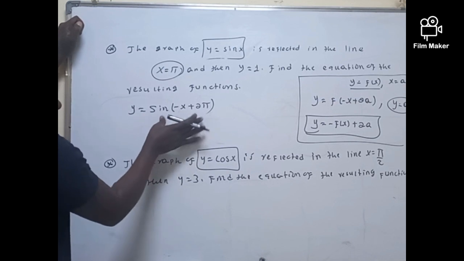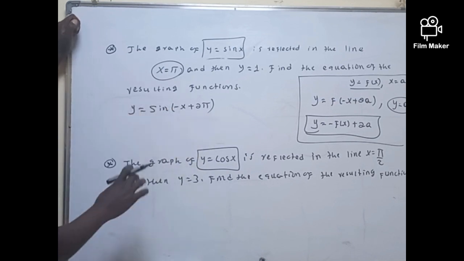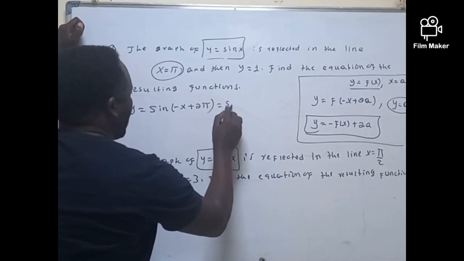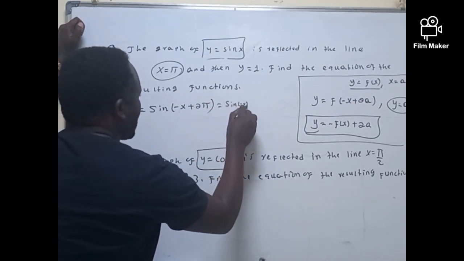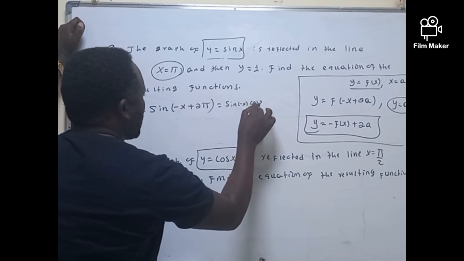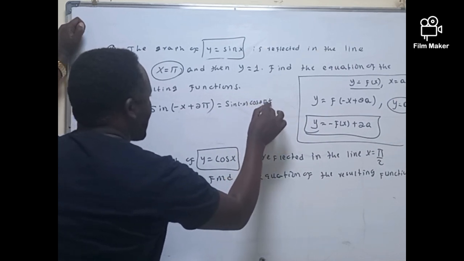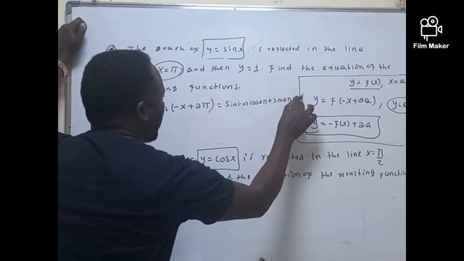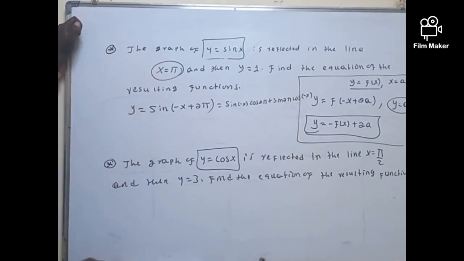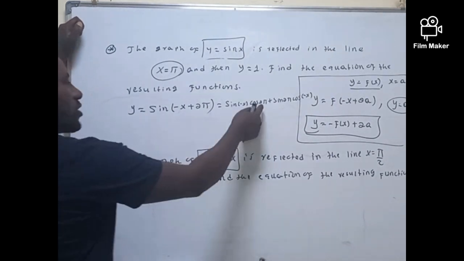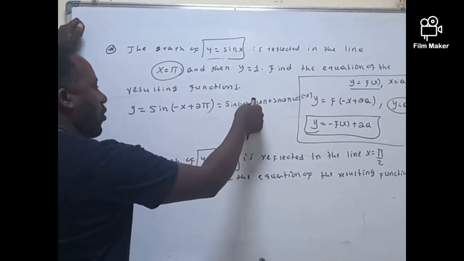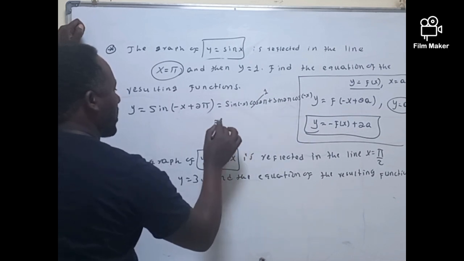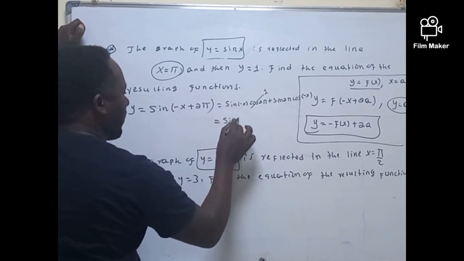With the help of the reduction formula or the angle addition formula, this is going to be sine of minus x cosine of 2 pi plus sine 2 pi cosine of minus x. You know that cos 2 pi is always 1, and 1 times this is sine of minus x.